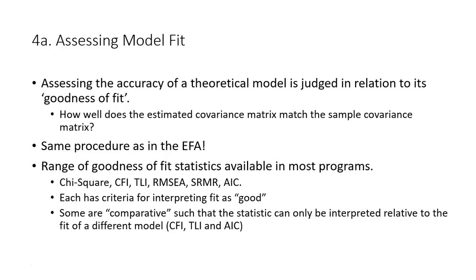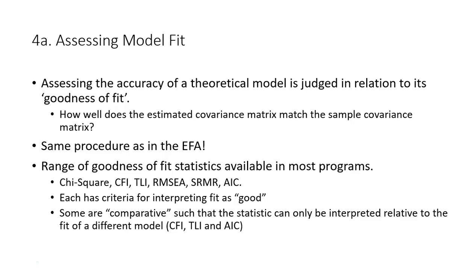And what it's actually saying is, you had your input, which is the sample variance covariance matrix, which contains all of the unique elements, otherwise known as the sample moments. And then the model, once you've specified it, also stipulates that a certain pattern of estimates would be contained in the variance covariance matrix.